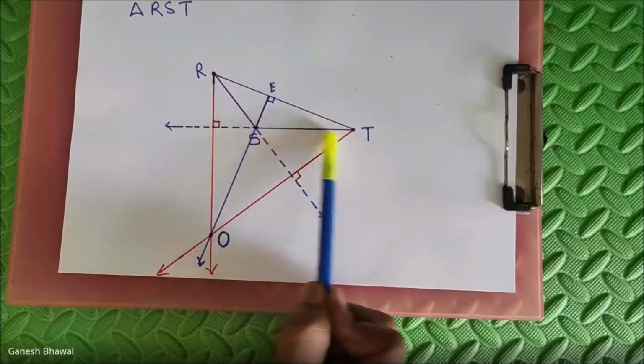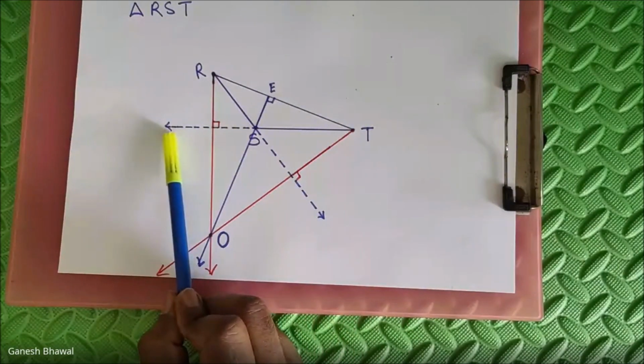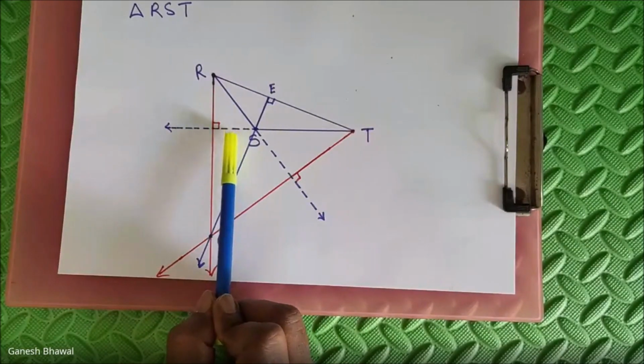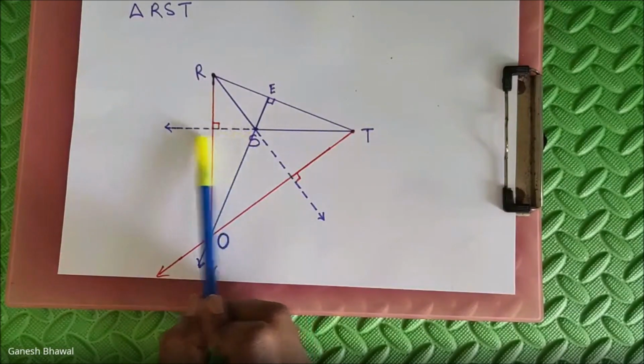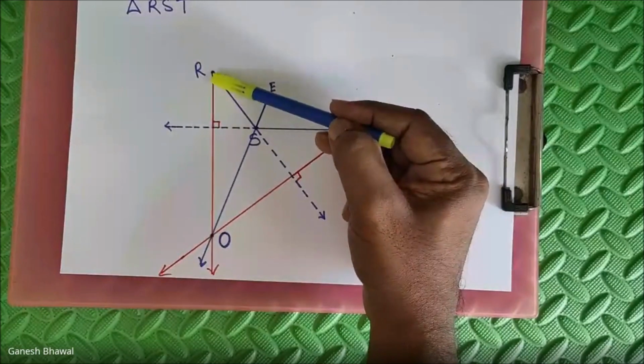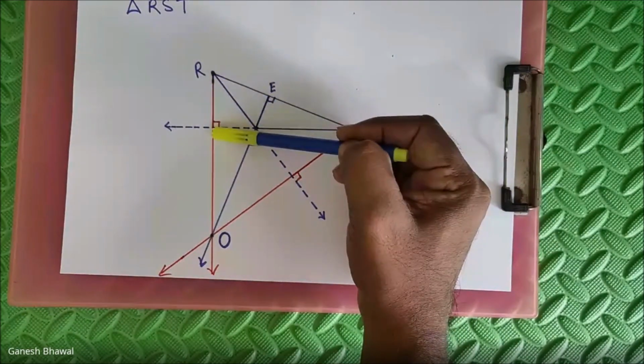Therefore, we have extended this side ST towards the left side. This dash line indicates the extension of side ST towards the left side to construct the altitude.